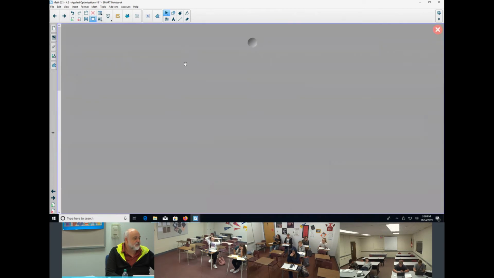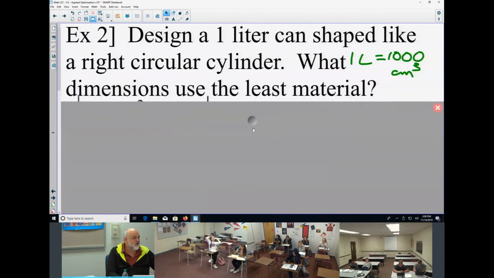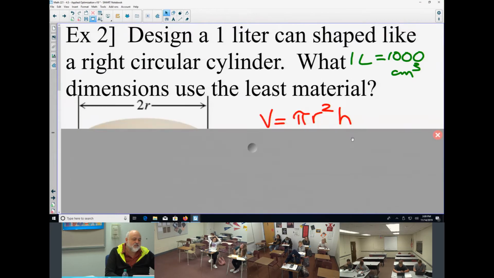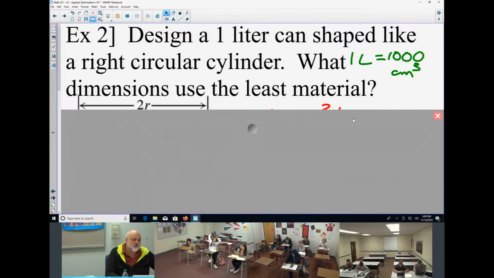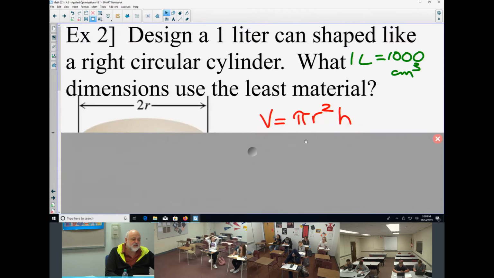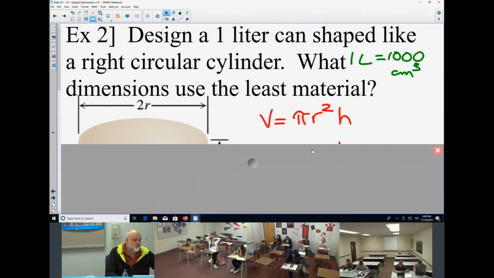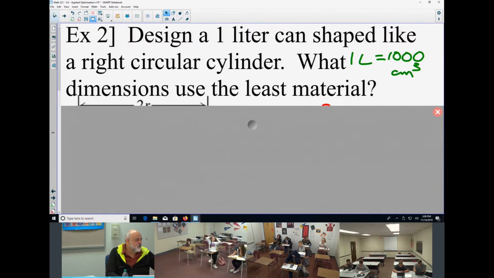Okay. So it says design a 1-liter can shaped like a right circular cylinder. What dimensions use the least material? Okay. So one of the things that we're going to need to use is, well, let's go back to the formula.